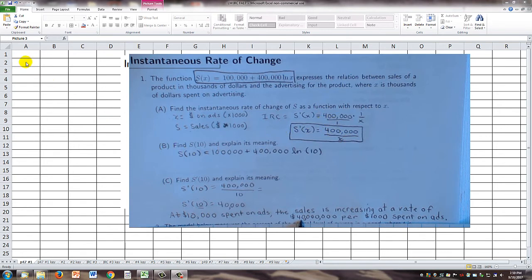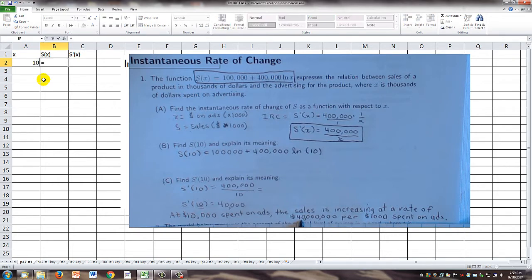So question B, I need to use the original function, and in question C I have to use the derivative. So when I'm typing this in, I'm going to let X be my column A, my input, and then I'm going to type my original function next, and then I'm going to type my derivative next. And this one you're only evaluating one value, which is 10.